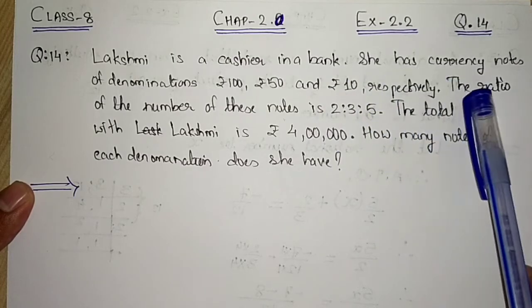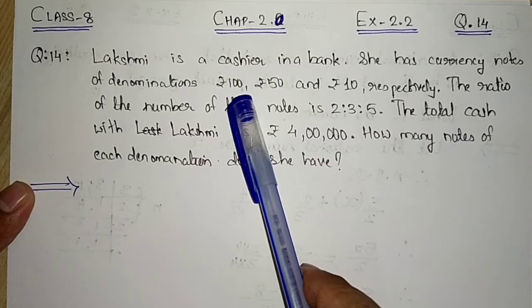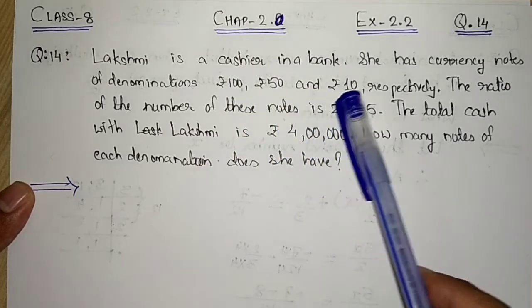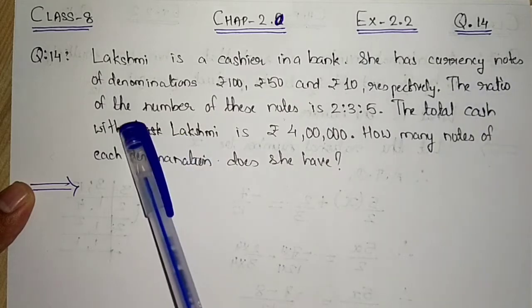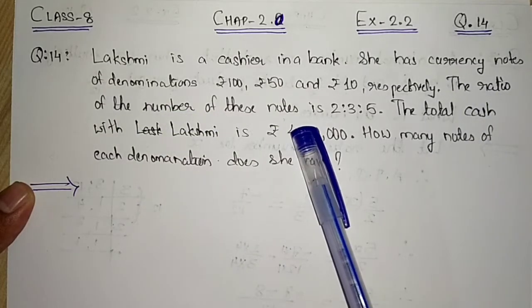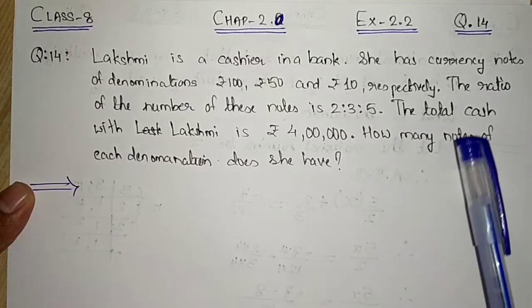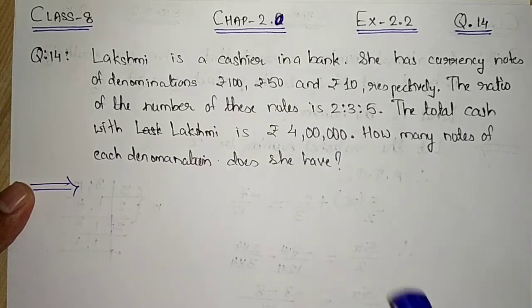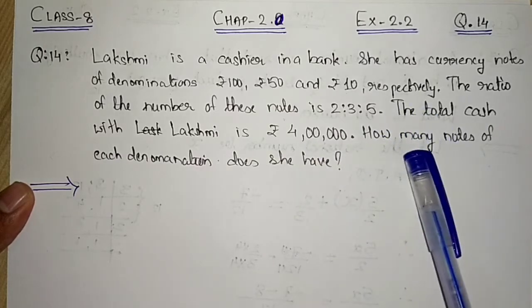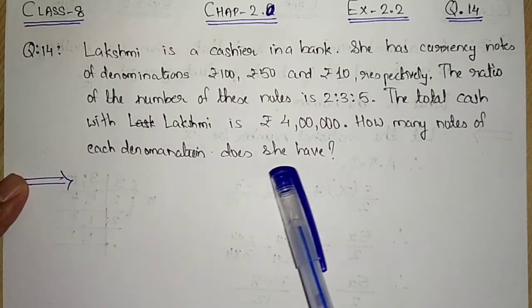She has currency notes of denomination rupees 100, rupees 50 and rupees 10 respectively. The ratio of the number of these notes is 2:3:5. The total cash with Lakshmi is rupees 4 lakh. How many notes of each denomination does she have?